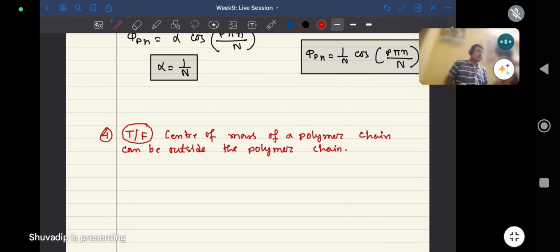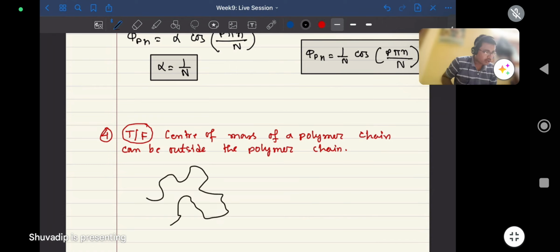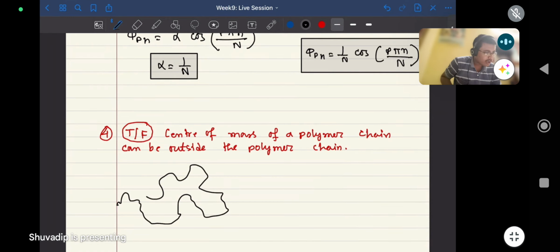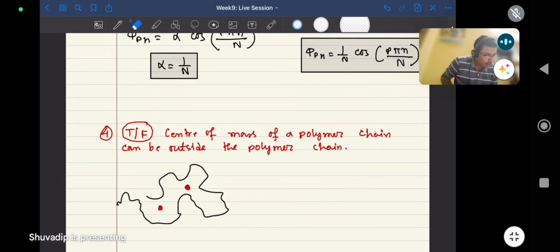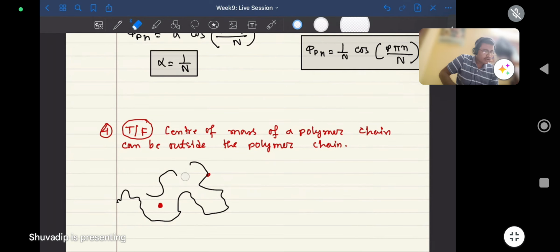So this is essentially true because suppose your polymer chain looks something like this. The center of mass can lie anywhere, like this can be the center of mass, or somewhere here. It is not necessarily situated exactly on the polymer chain. It can be somewhere outside the polymer chain also.